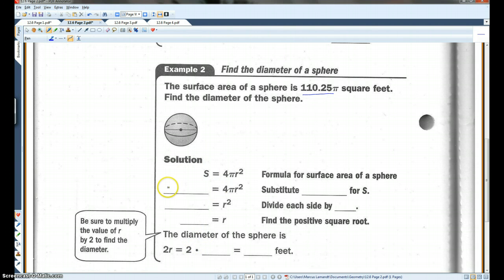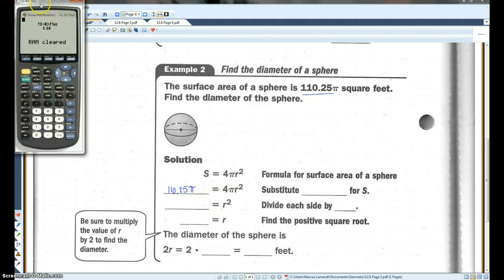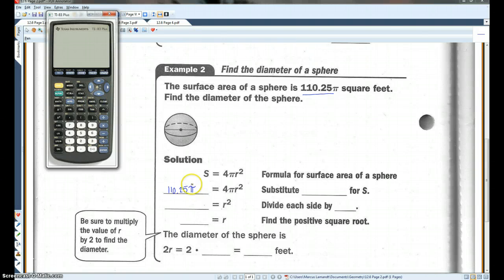Dividing both sides by 4 pi, the pi's cancel each other out. 110.25 divided by 4 is 27.56.